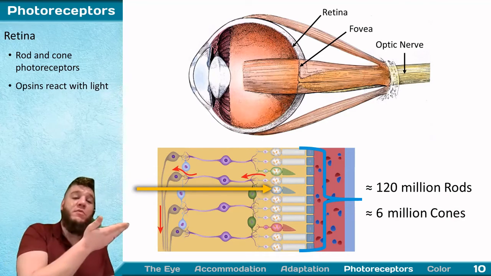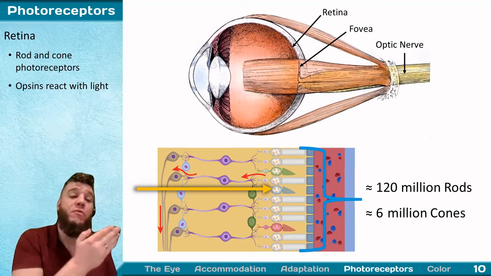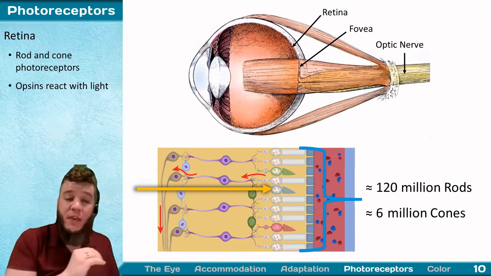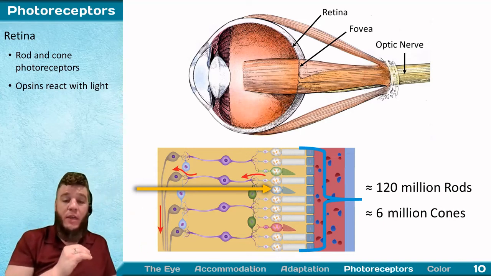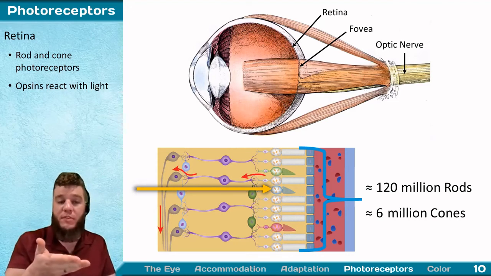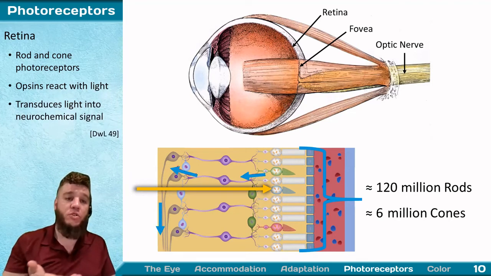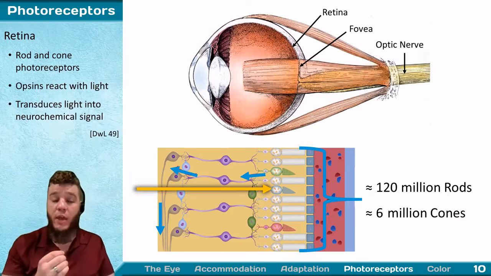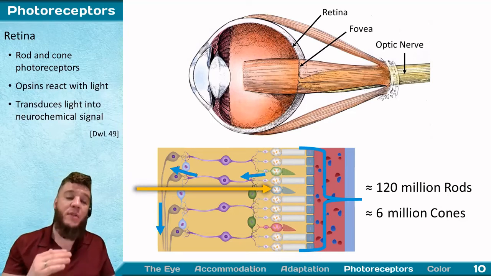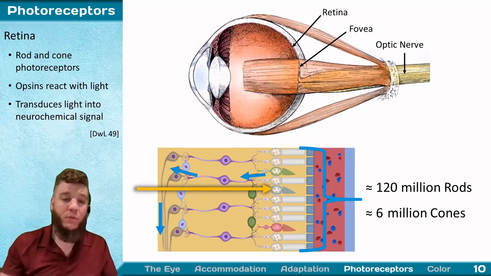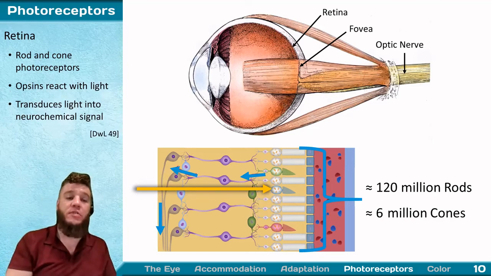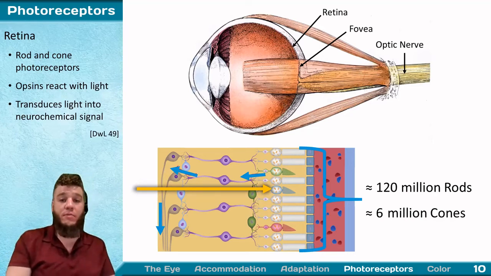So it has to pass through these multiple layers of neurons before it gets to the photoreceptors deeper down in your retina and can there stimulate the opsins, which react with light. And if you stimulate them enough, they will change shape and transduce that light into a neurochemical signal, which is then passed back up through those layers of neurons and eventually to the optic nerve.